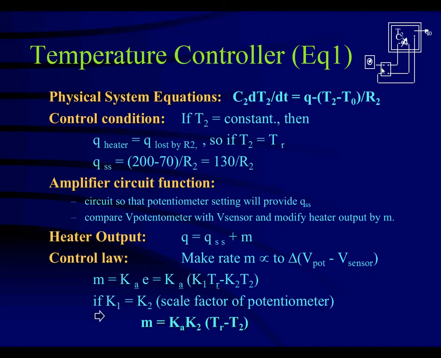The amplifier circuit function, this has the ability to put voltage in or not. So you will have that the heater output would be Q of steady state plus M. And then you have M would be a constant times the error.